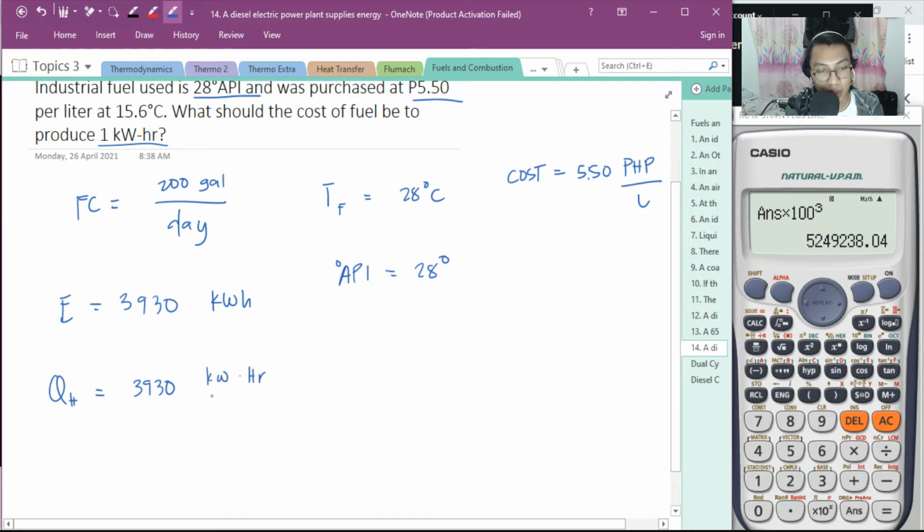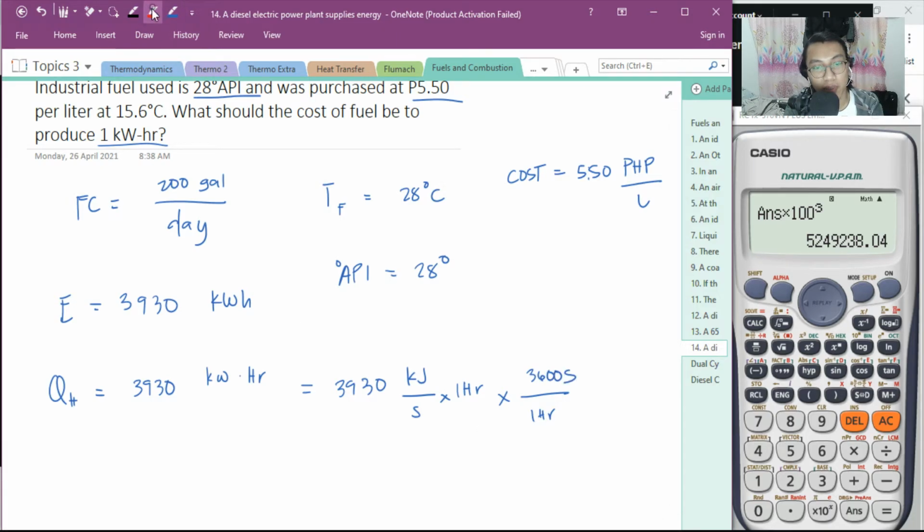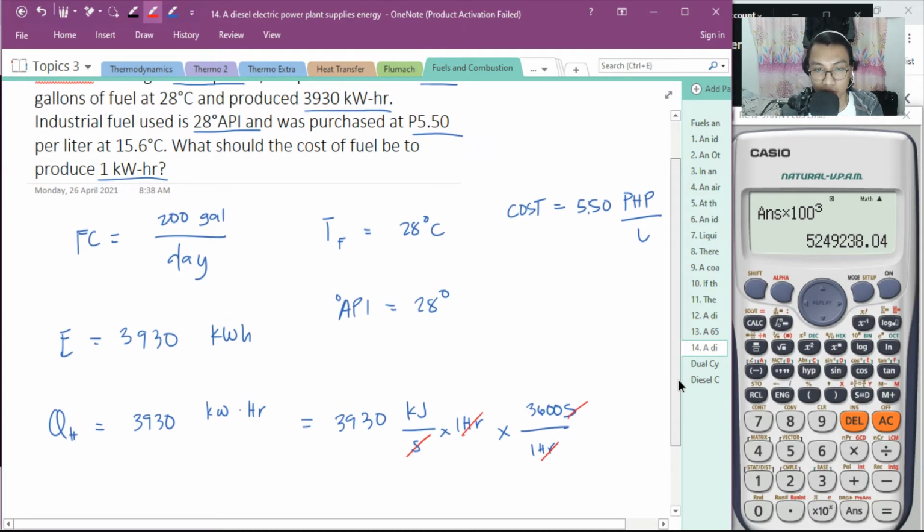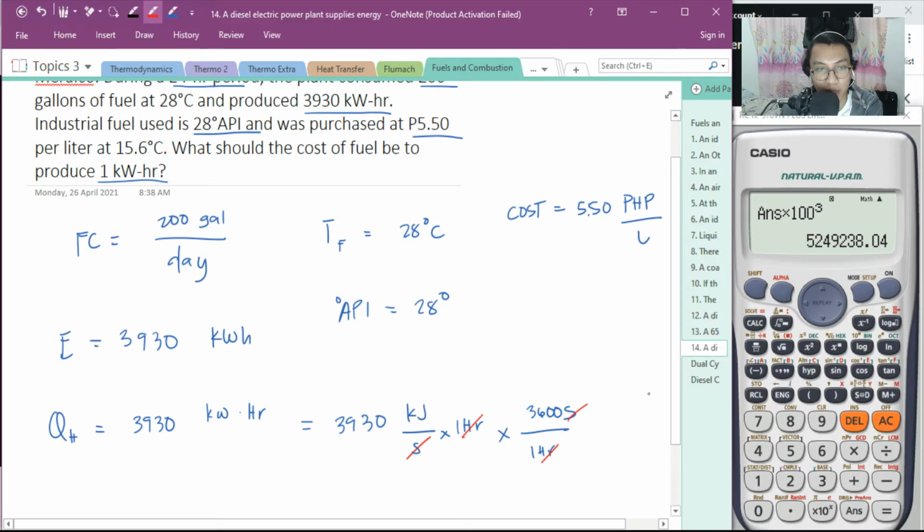Ang problema, di ba yung kilowatt mo, that is equal to 3930 kilojoule per second times hour. Convert mo yung hour, okay? 1 hour is 3,600 seconds. Ngayon, yun yung energy produced mo. Cancel mo tong seconds, hour, and hour. Yun. So, ang hinahanap mo is PHP per liter, gallon per day.